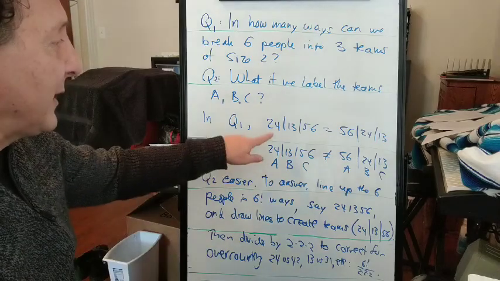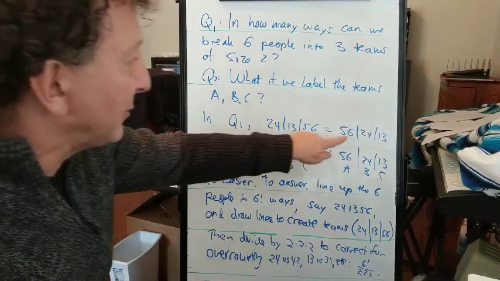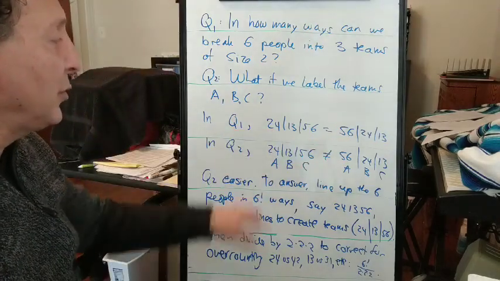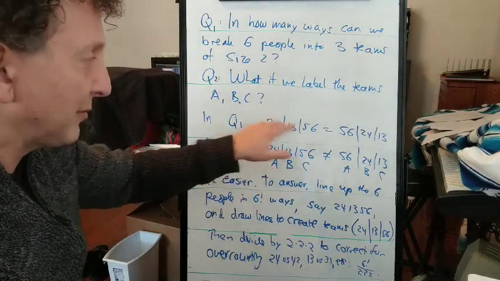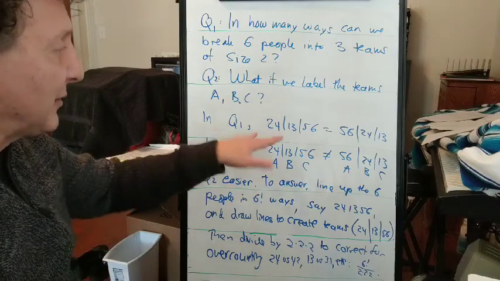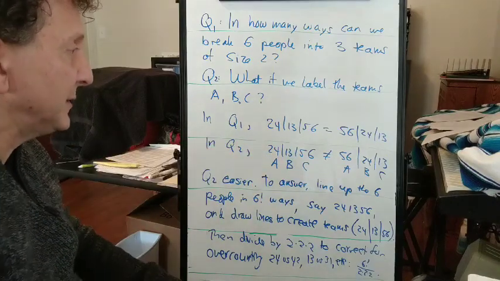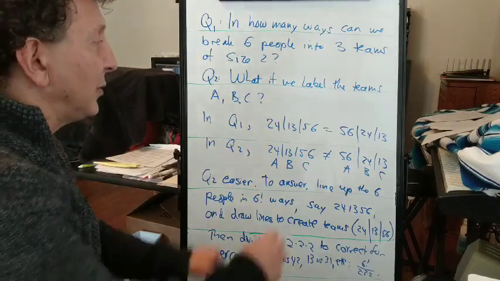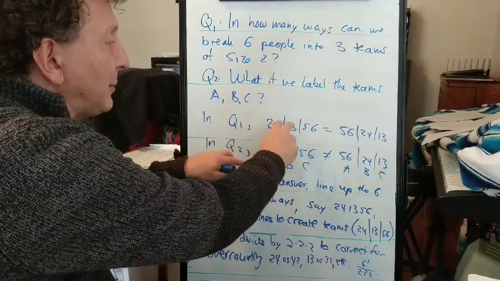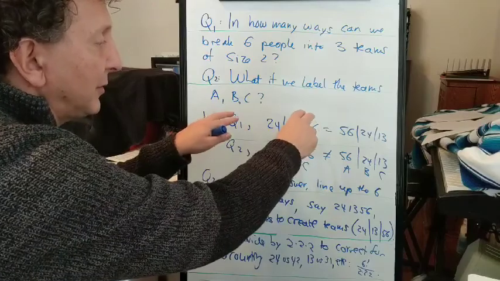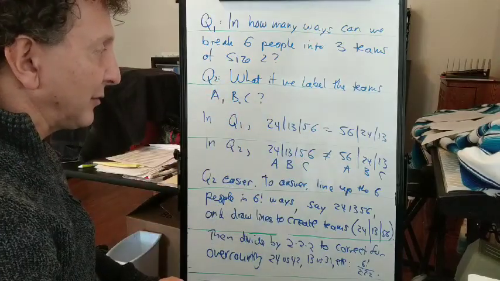But we want to count this permutation the same as that permutation, because if 2 and 4 are together, we don't have a team A, a team B, a team C anymore. We just have 3 teams. So if we want to break 6 people into 3 groups of 2, we have to correct for overcounting of these 3 blocks of 2 numbers permuted in 6 different ways.